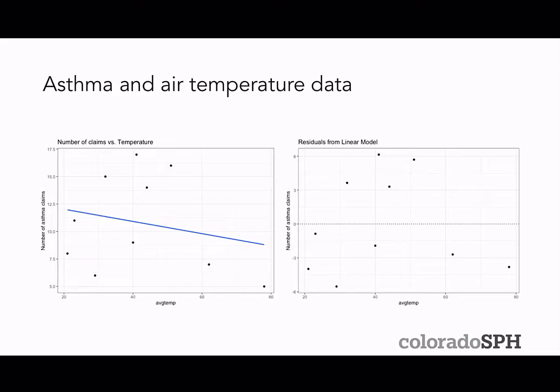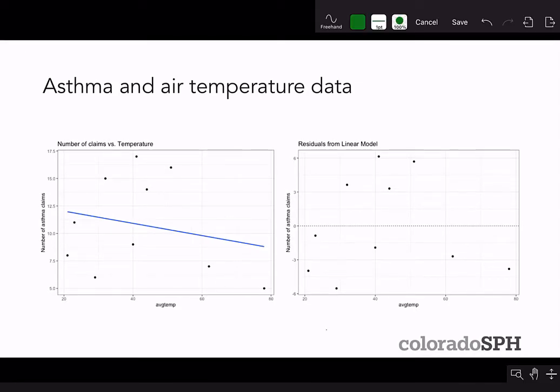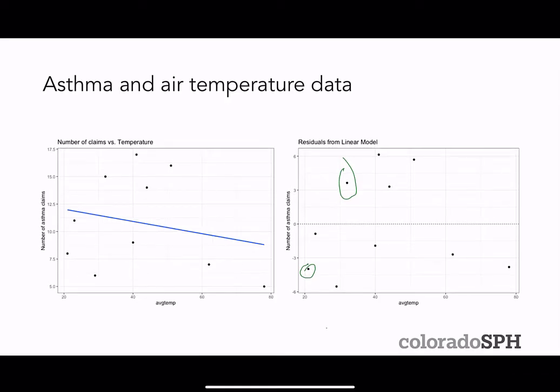However, it's not really a great fit through the data. One of the reasons you can see from looking at the residuals plot, where the residuals aren't really randomly scattered around zero, you tend to have more variance in the residuals at lower air temperatures. So we might want to consider a different fit, which we'll do in the next lecture.